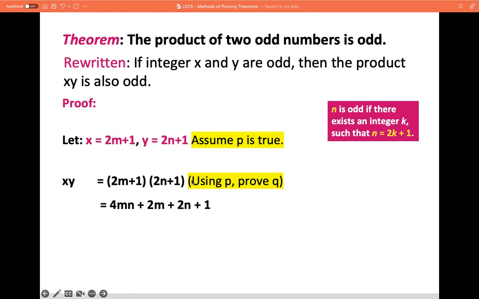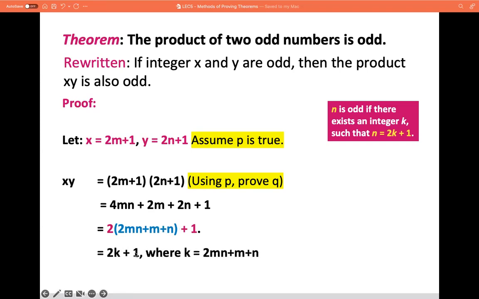So using simple algebra, we arrive at 4mn plus 2m plus 2n plus 1. And we can factor out 2 from the first three terms. So we will be left with 2 times (2mn plus m plus n) plus 1.